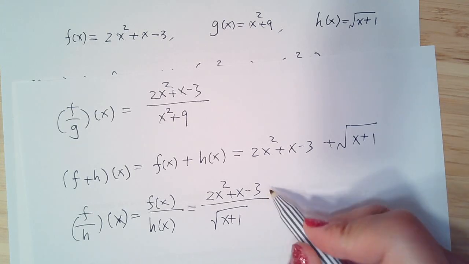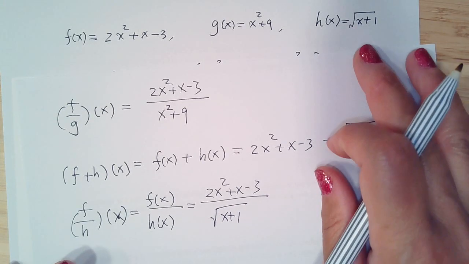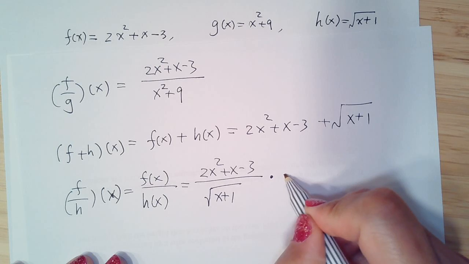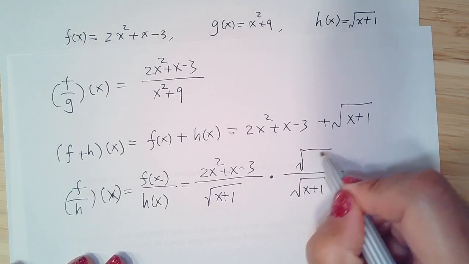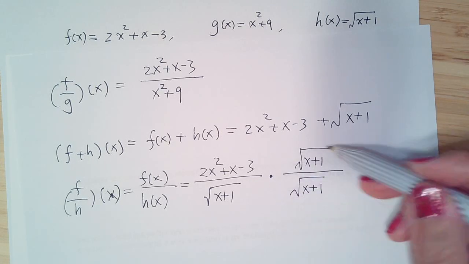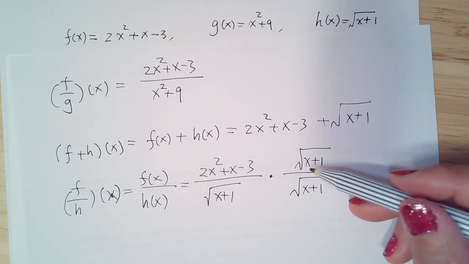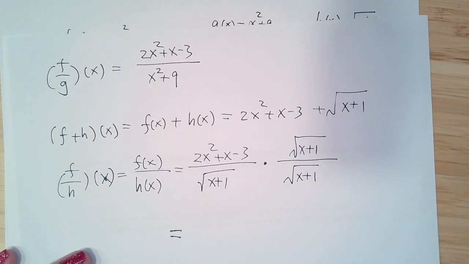So what do you do if you have a square root in the denominator? Every time you see this, you say, oh, Professor Wu is not going to be happy about this. So you multiply by the square root of x plus 1, both numerator and denominator. You're literally multiplying by 1, since numerator and denominator are the same thing, so you can write equal because you're not changing the value.